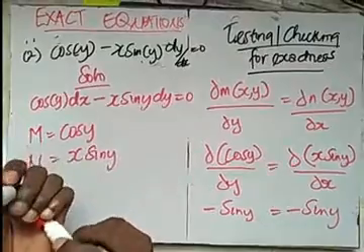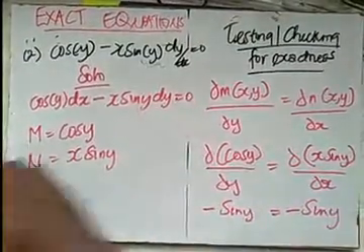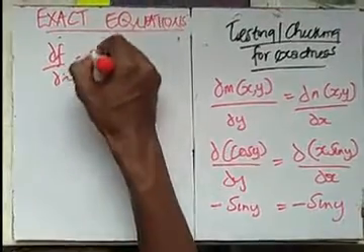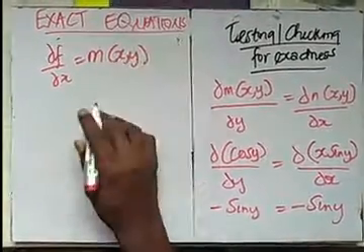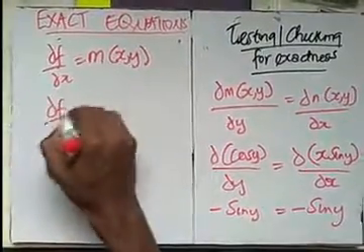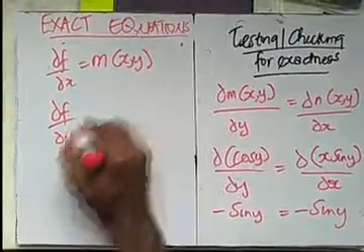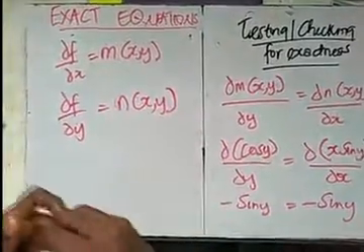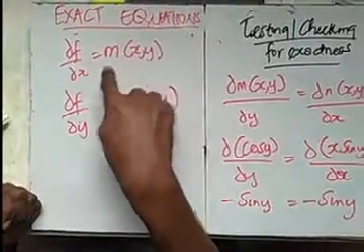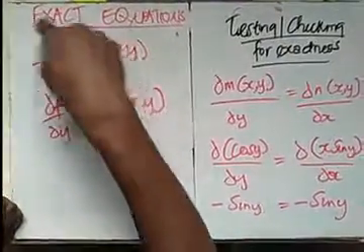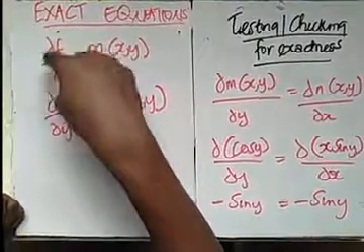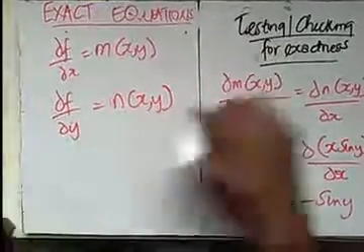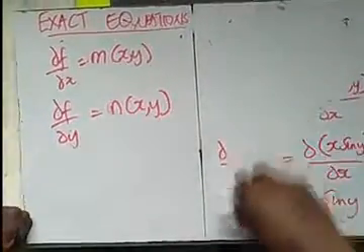So this is an exact equation, so we solve further. Instead of writing M as a function of x and y, we can easily write it as the partial derivative of f with respect to x.